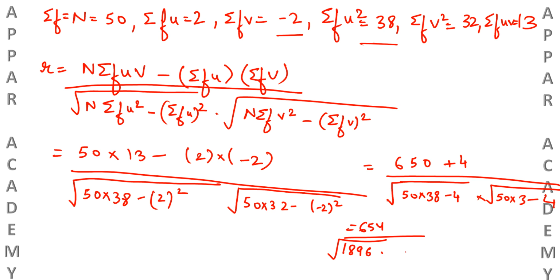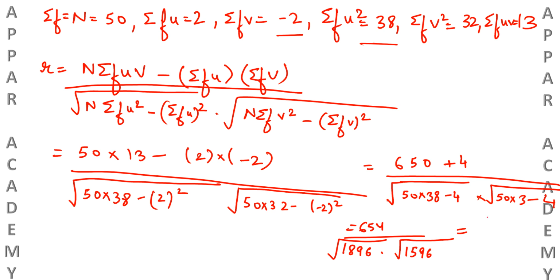So this simply becomes 654 upon square root of 1896 into square root of 1596. These are the calculations I've already done, so I'm just writing these down. Although in exams, in our graduation, we do get to use calculators, but otherwise you can always calculate these.